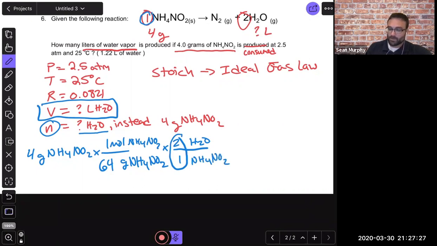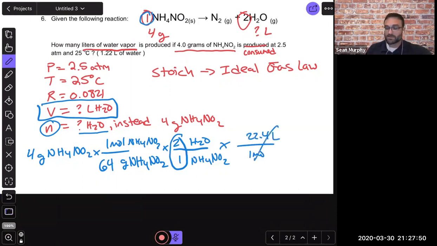Now, the reason why we are going to stop at this juncture is because we cannot just do for every 1 mole, there's 22.4 liters and solve for liters.